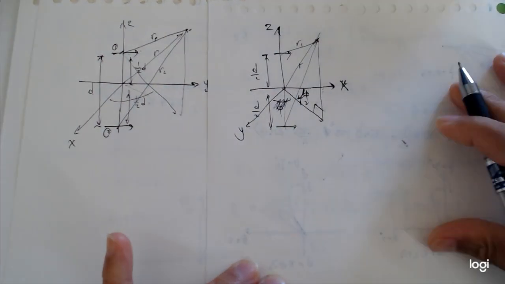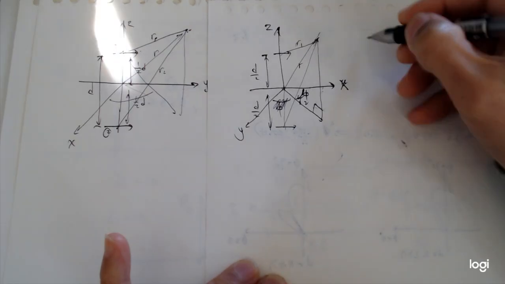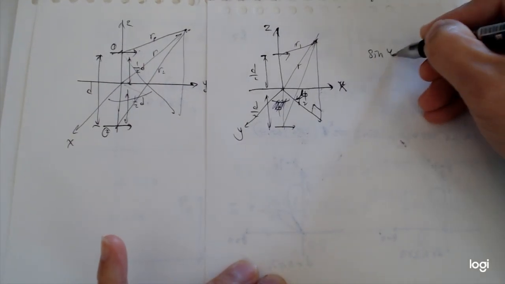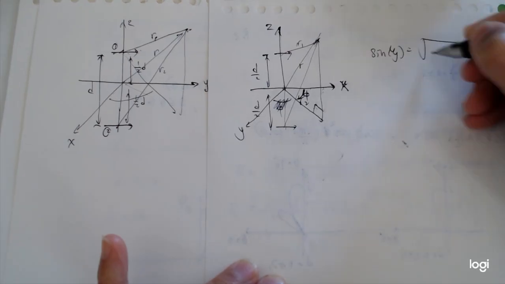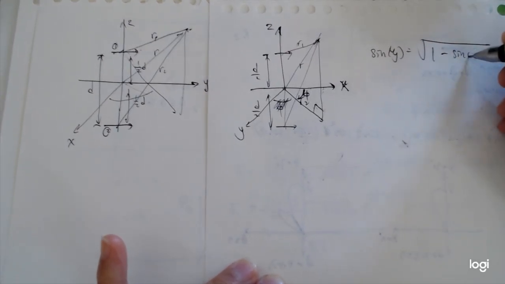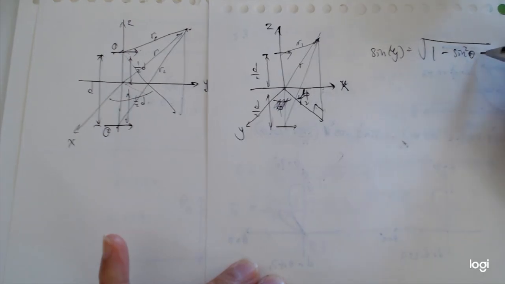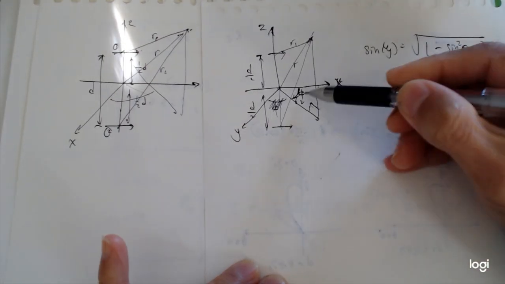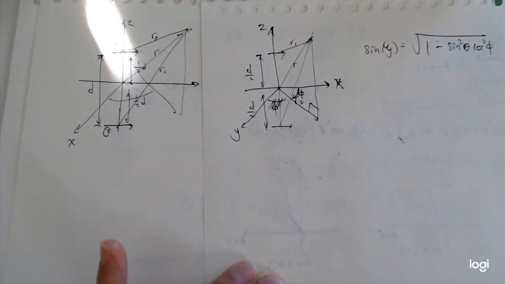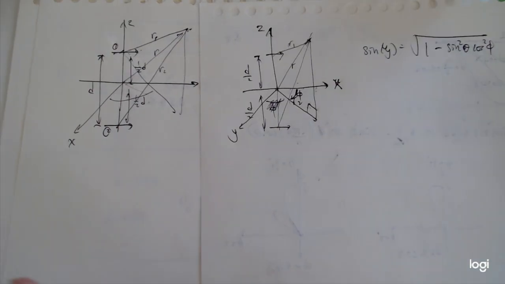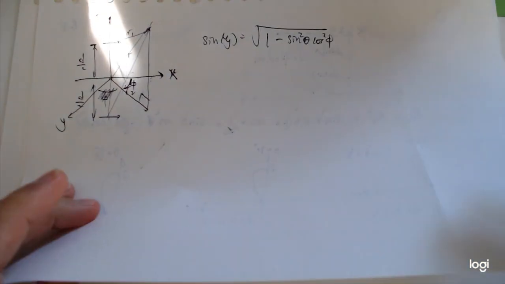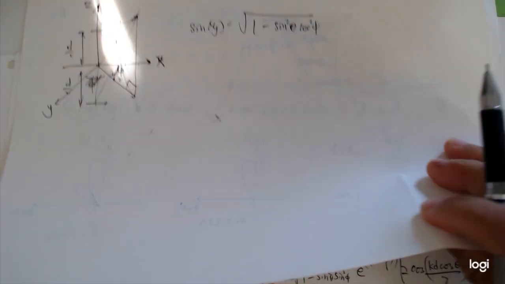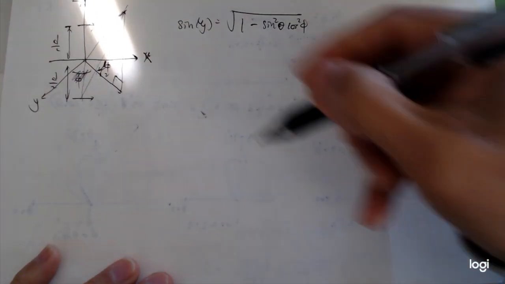So in this case, if you work out carefully, you will find out sine cosine theta is equal to 1 minus sine theta square and cosine phi. This is the only change. And if you continue with this process, I can tell you the final electric field will be very similar.